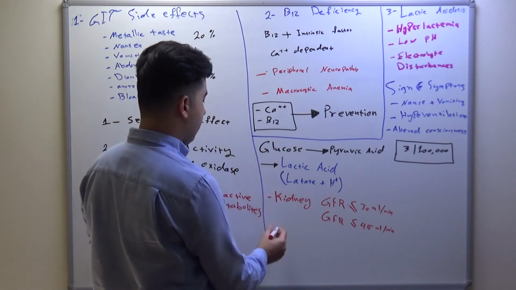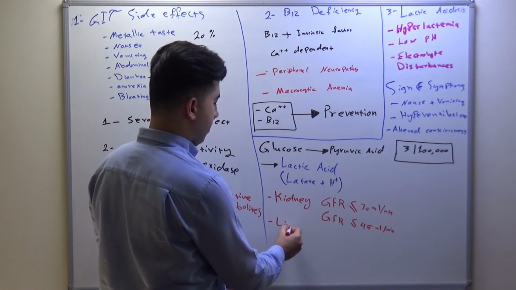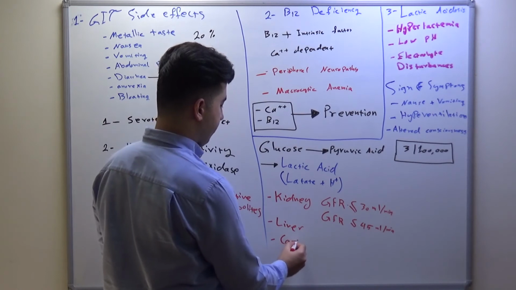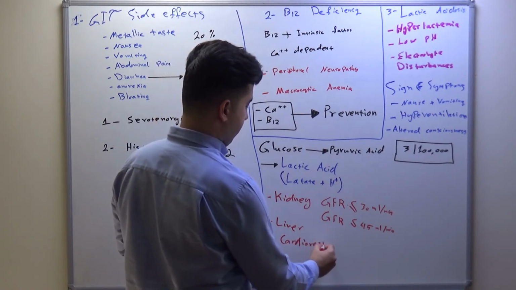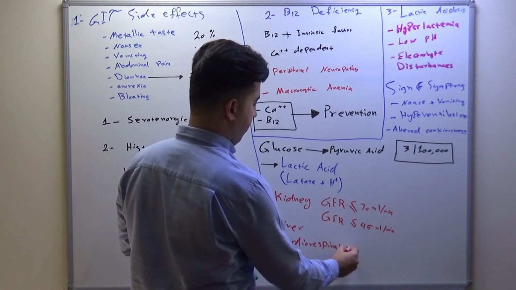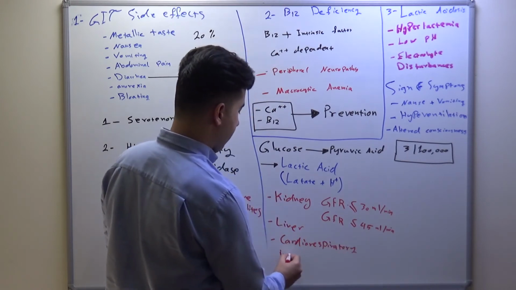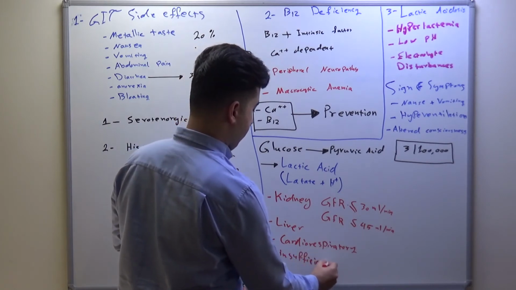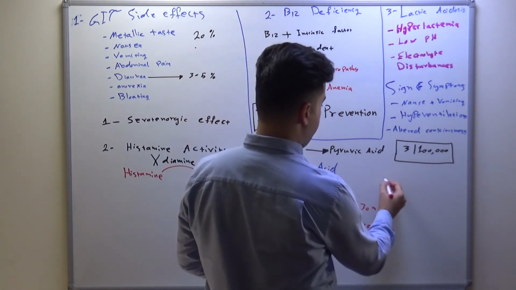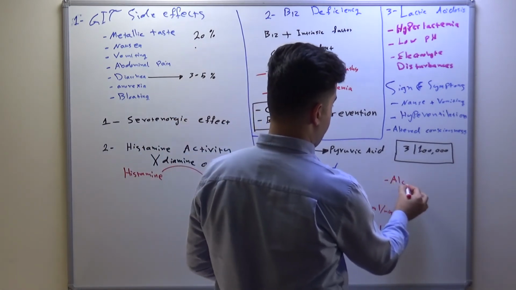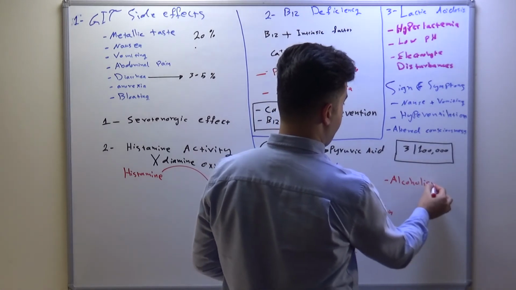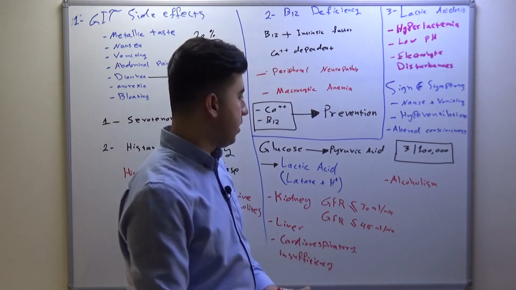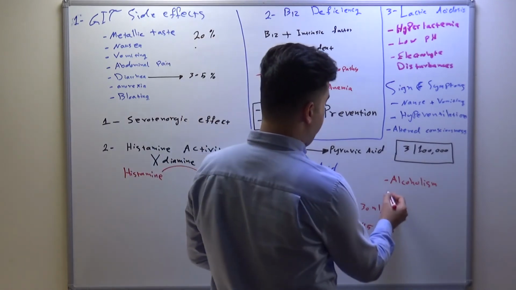Patients with severe liver disease, or cardiorespiratory disease, cardiorespiratory insufficiency, alcoholic patients, alcoholism, either excessive acute or chronic alcohol intake, and any other forms of hypoxia.